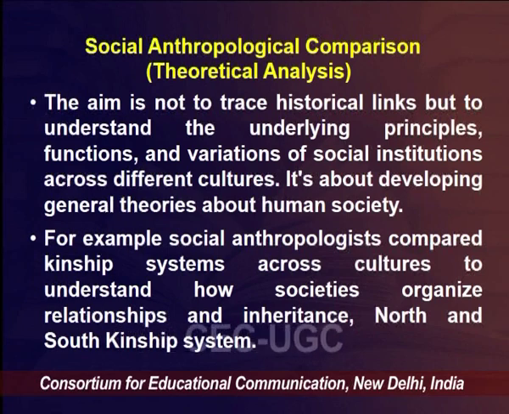Social anthropologists explore varieties of forms of social life as a basis for the theoretical study of human phenomena. The aim of social anthropologists, unlike ethnology, is not to trace historical links, but to understand the underlying principles, functions, and variations of social institutions across different cultures. It's about developing general theories about human society.